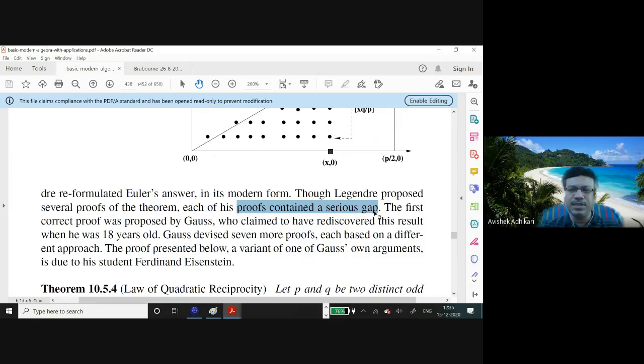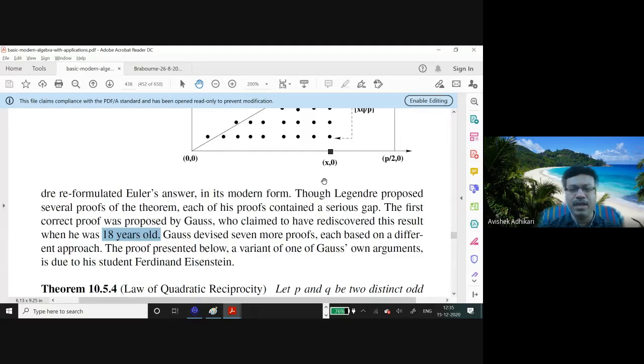The statement was correct, but all of the techniques through which he proved it had some serious gap. The first correct proof was proposed by Gauss. You'll be surprised to know that Gauss claimed to have rediscovered this result at the age of only 18. On his own, he gave the proof of the law of quadratic reciprocity.